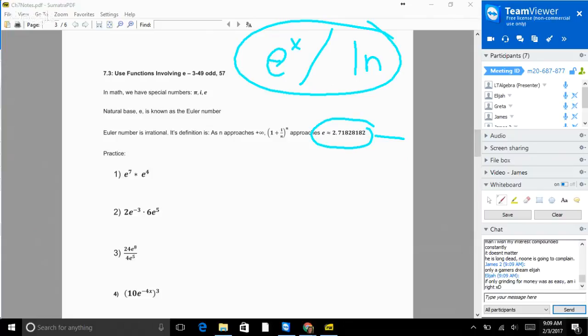So all that being said, we can evaluate expressions that have E in them.